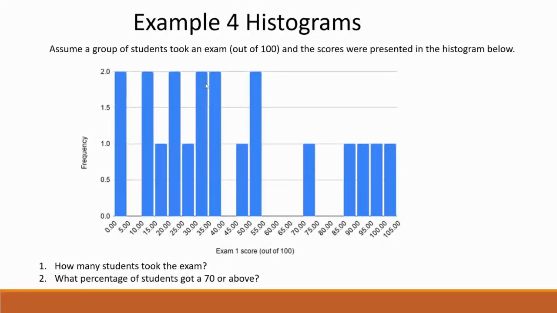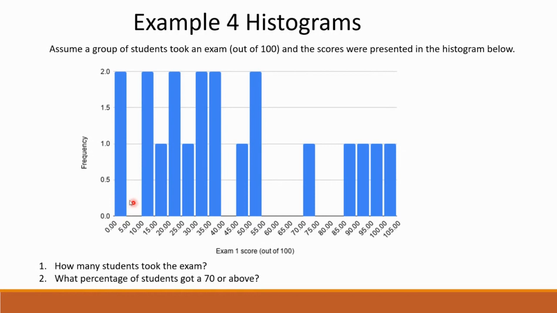We have a bunch of students, okay? These students took the exam. The exam is out of 100, and we presented the scores here. And again, just like with the other one, here we're looking at all scores greater than or equal to 0 and less than 5.